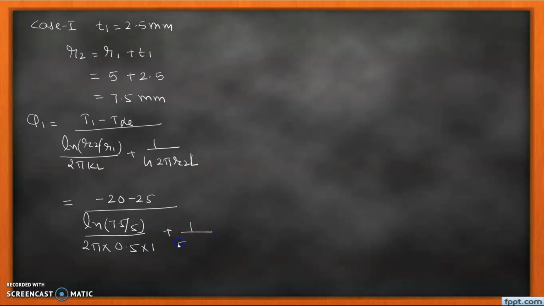Similarly here the value of H is 50, 2 pi is constant, and the value of R2 is 7.5 into 10 to the power minus 3 into the length is 1. So we get the value of Q1, that is heat gain, which is equal to minus 81.33 watt.